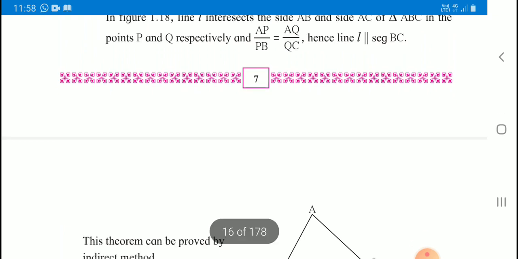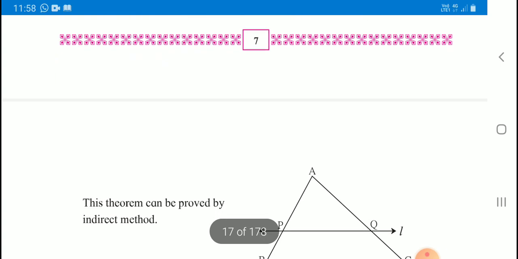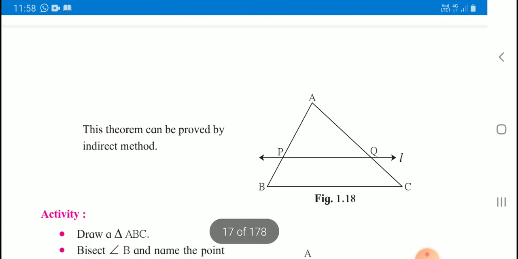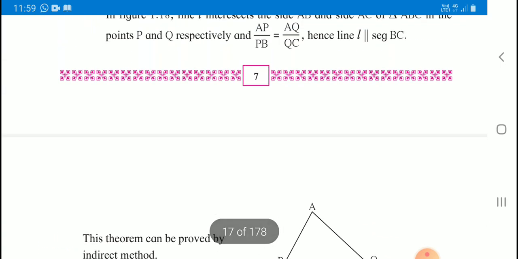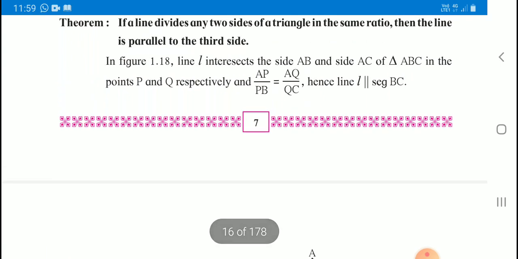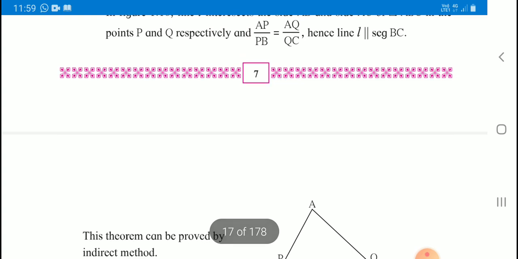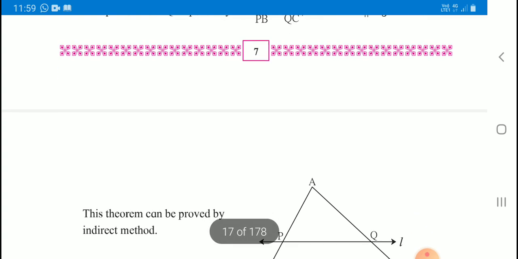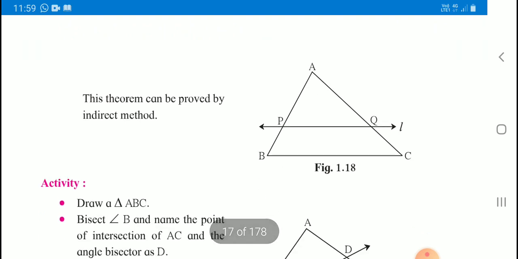Hence, line L is parallel to segment BC. This theorem can be proved by the indirect method. It means first of all we have to assume that line L is not parallel to segment BC, and then prove that line L is parallel to segment BC. You have to try this.